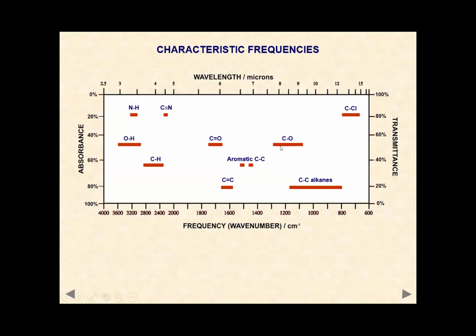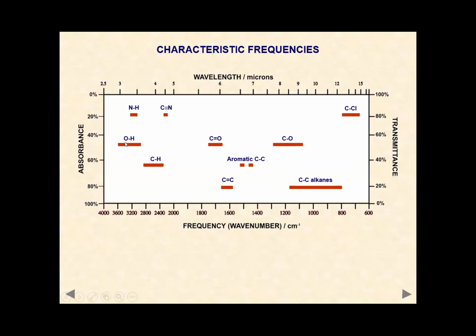Now have a look here. You can see that OH is in this region. If you have a CH bond, it would be in this region. If you have a nitrile, that is C≡N, that would be in this region, around 2200 wave number. If you have amine, then you are going to have around 3000 to 3200.